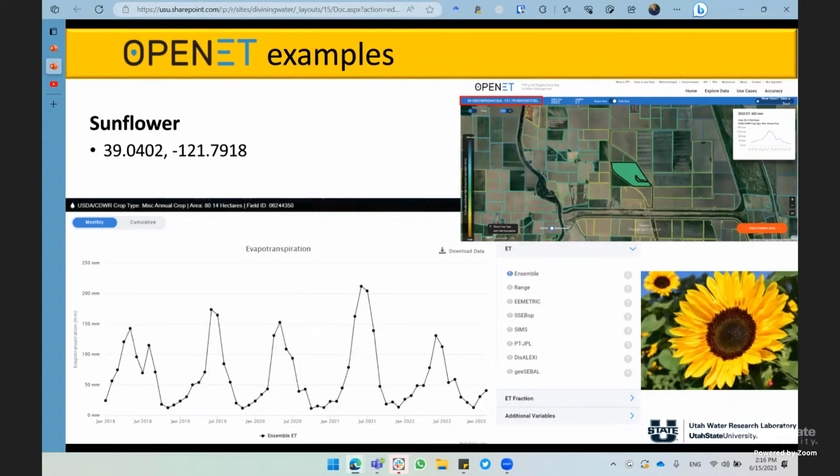So having information about ET allows us to do this extension work, allows us to visit with the community of farmers, the groups that manage the water in an area and say, look, this is the total water used by the crop.